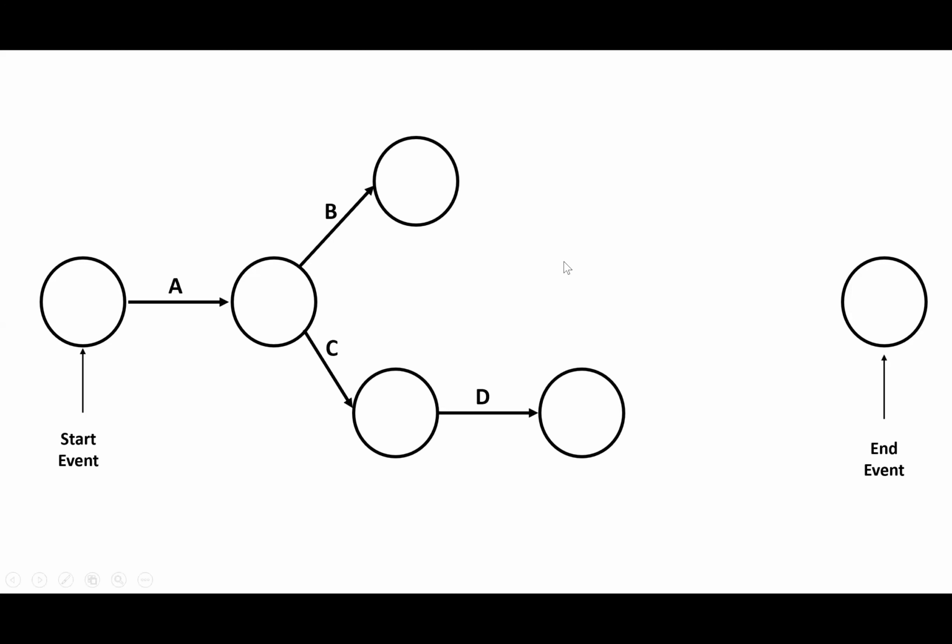Then here we have another circle to show the end of D. And then there is another arrow coming out where we have B, and that is activity E. We are told in the table that activity E can only be started after B is done. So when we finish B, we start on E. And after D, we start on activity F.